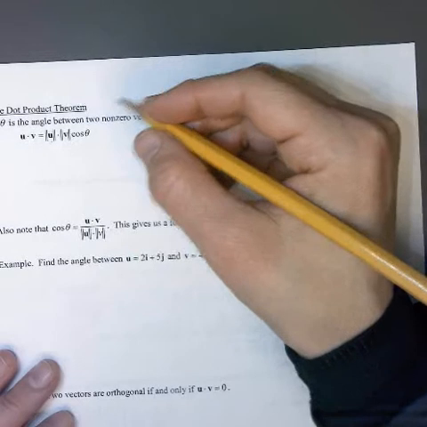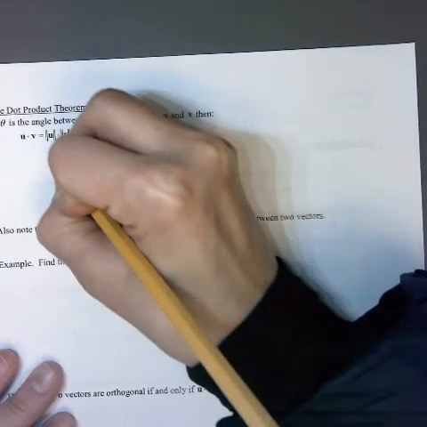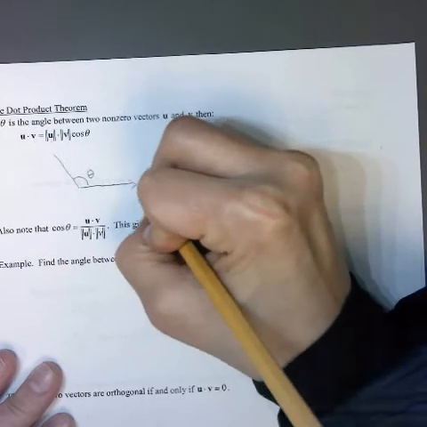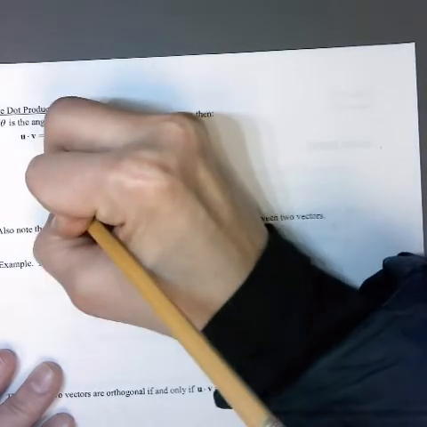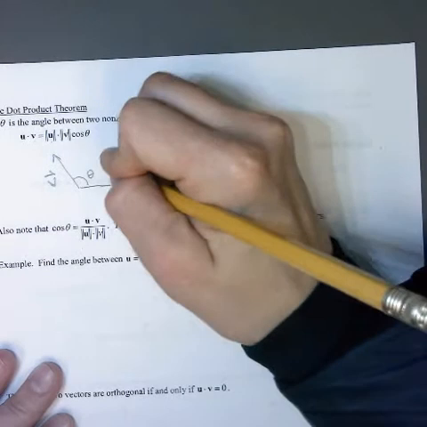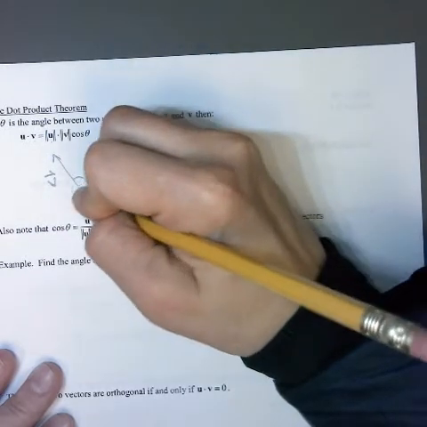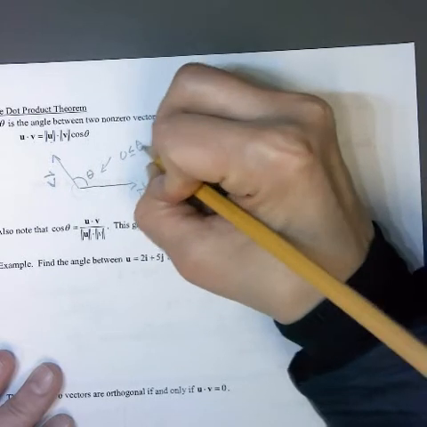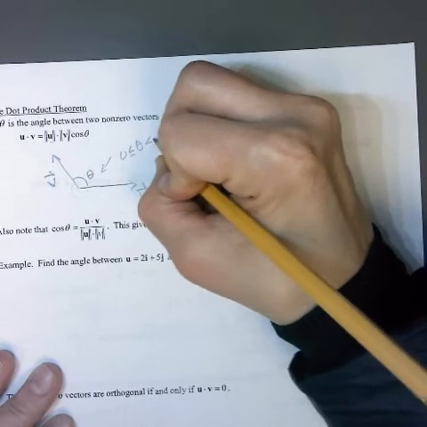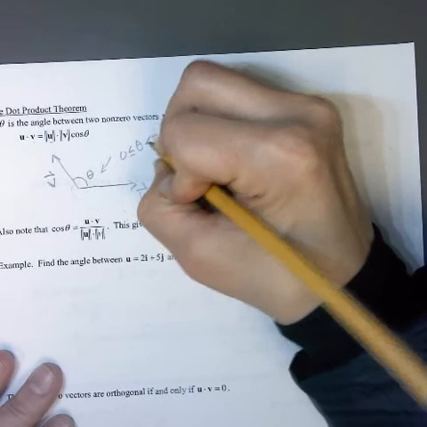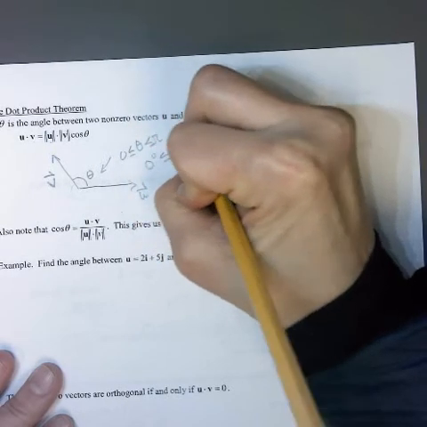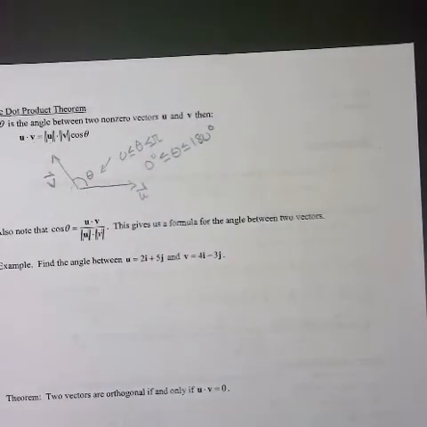So again, theta is between, if this is u and this is v. Don't use this other angle. It's the angle between 0 and pi, or 0 degrees and 180 degrees if it's in degrees.